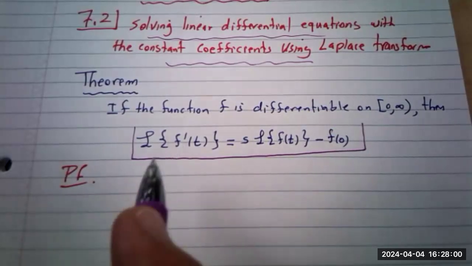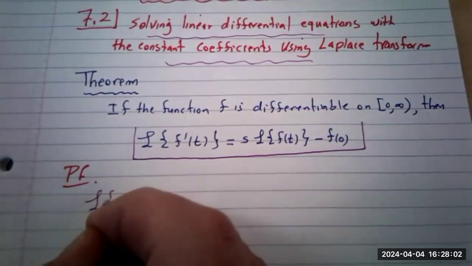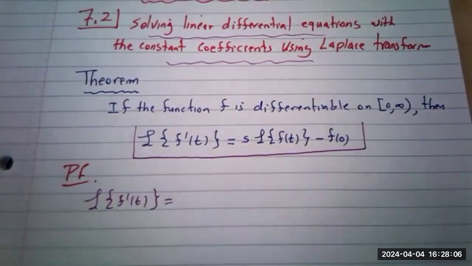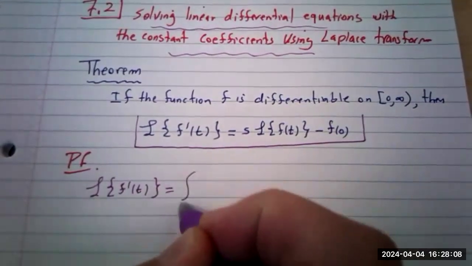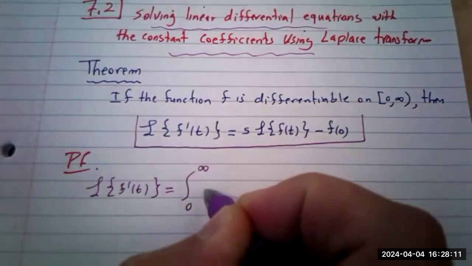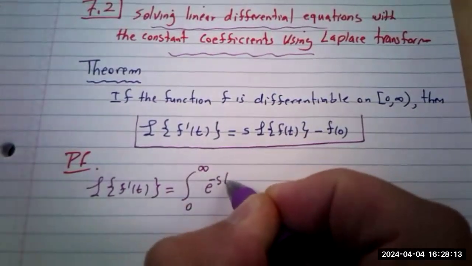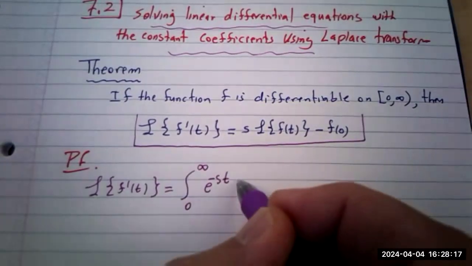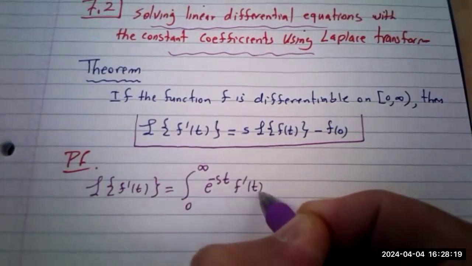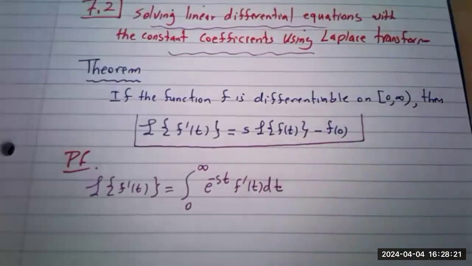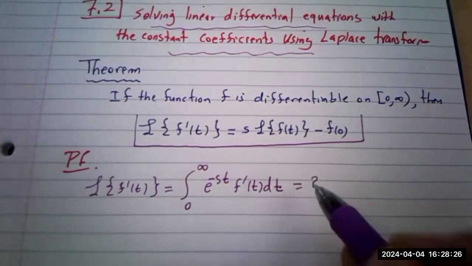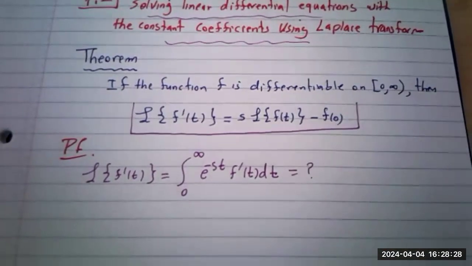Definition. What is the definition of Laplace of f prime of t? It is equal to the integral from 0 to infinity of e to the negative st times the function, where the function is f prime of t, dt. This is going to be the one that you want to find. Let's work on this integral.